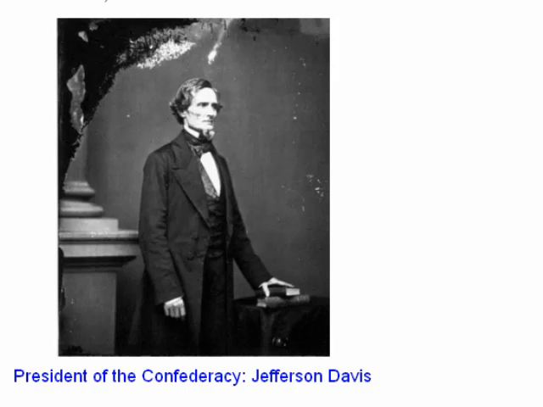Davis had been born in Kentucky, not far from Lincoln in time or in distance. But unlike Lincoln, he was a decorated war veteran and politician. He graduated from West Point in 1828 and married the daughter of Zachary Taylor in 1835.